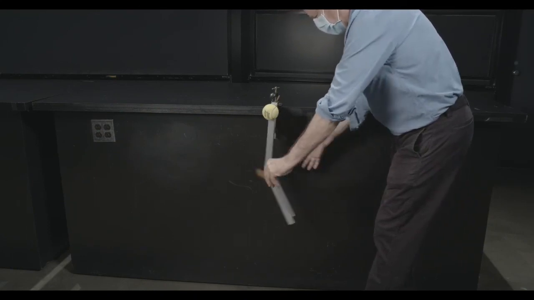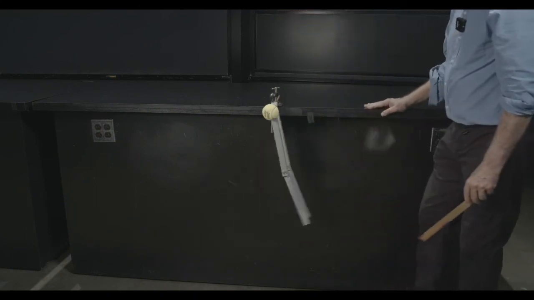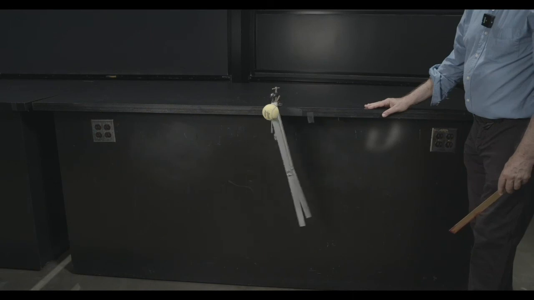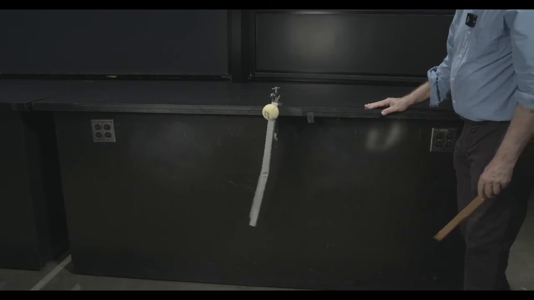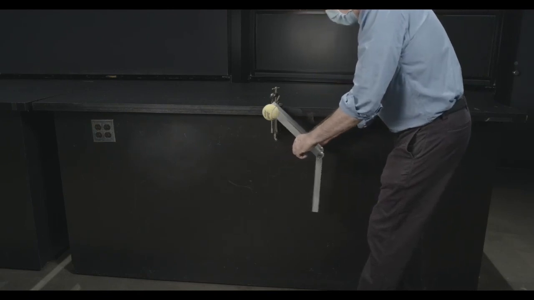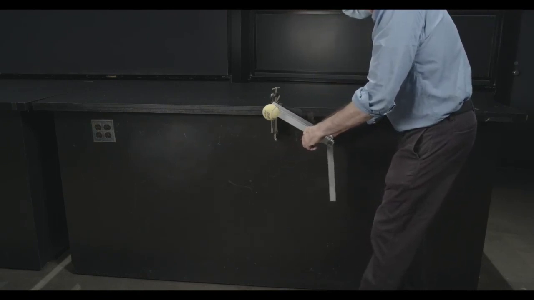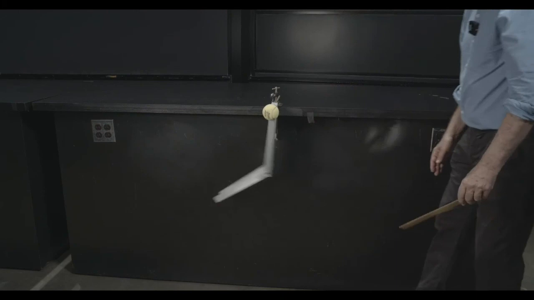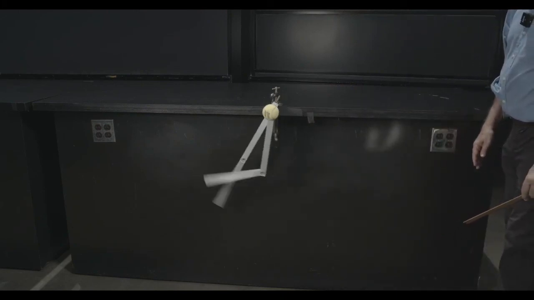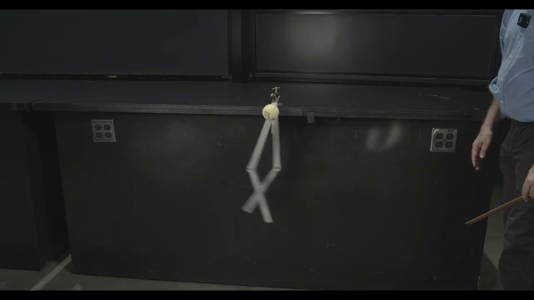and let them off together, they stay very well aligned. As we increase the amplitude, the behavior is a little more erratic, but they stay pretty well aligned.